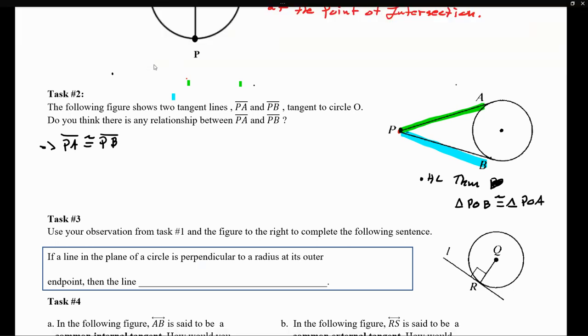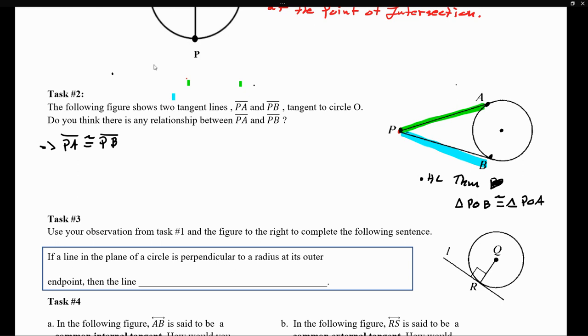So if two tangent lines are on the same circle and they intersect at a point, then the line segment from the point of intersection to the point of tangency is congruent to the segment from the same point of intersection to the other point of tangency. And this is very important when it comes to circles and tangent lines.